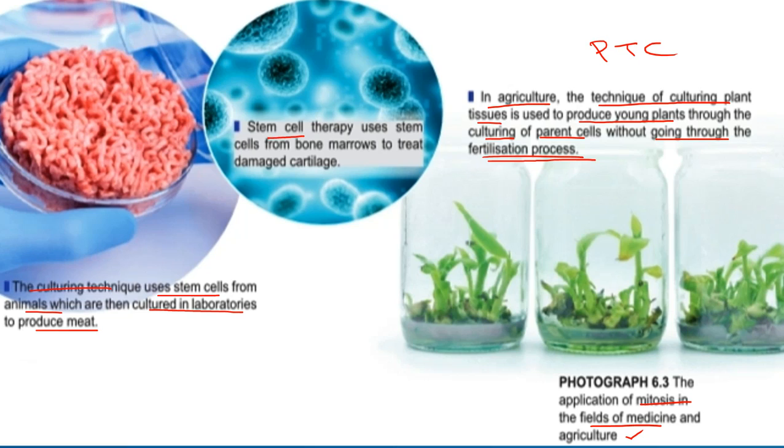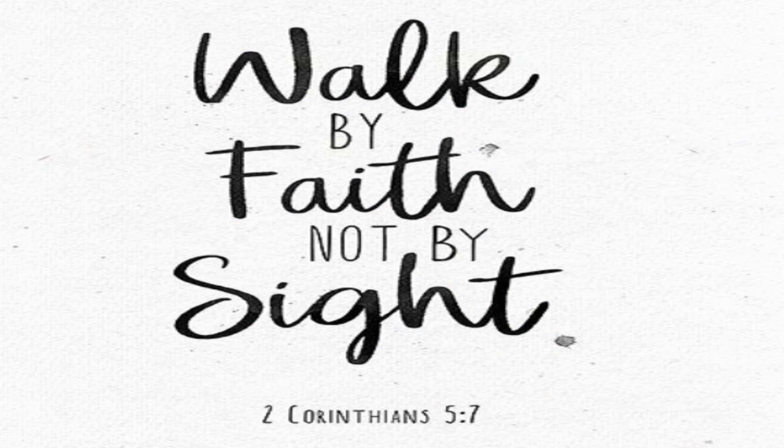Stem cell therapy uses stem cells from bone marrow to treat damaged cartilage. So ini adalah aplikasi mitosis dalam bidang perubatan dan juga pertanian. Okay, so that's all for mitosis. We will learn about meiosis in the next video.